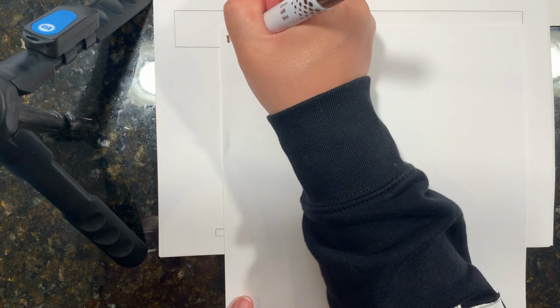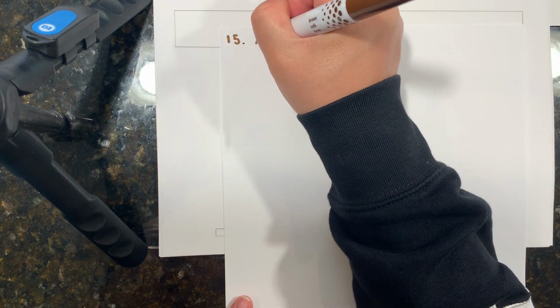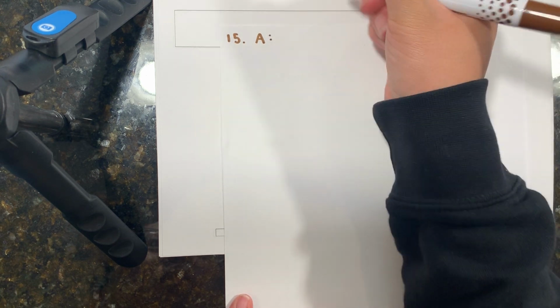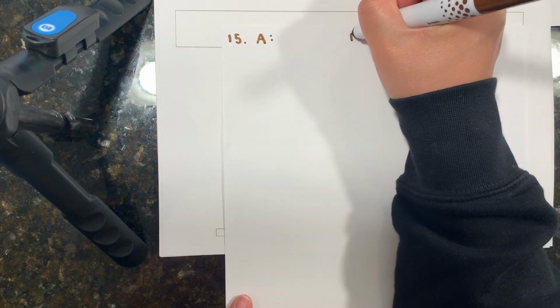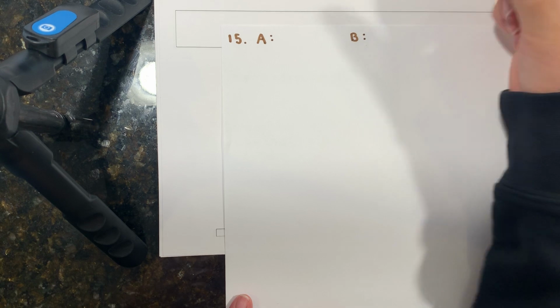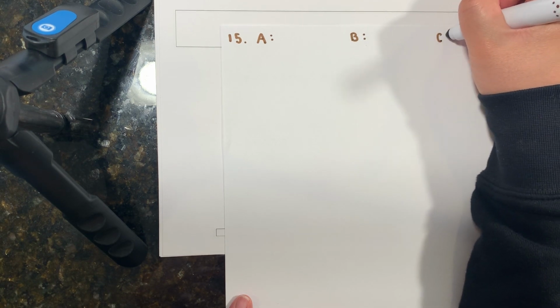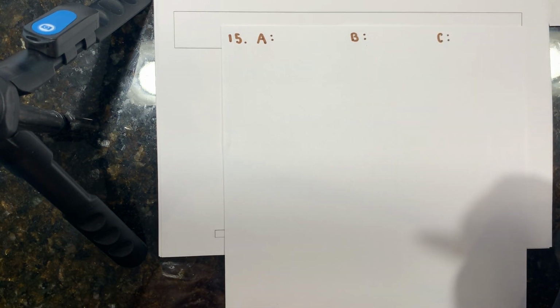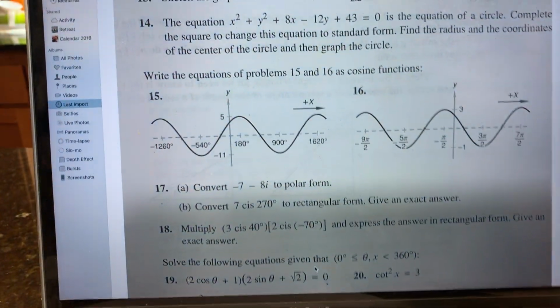So for number 15, we have to find A, which is the midpoint. Then we have to find B, which is the amplitude. And then we have to find C, which is going to be your period length, depending on if it's degrees or radians. So we're going to look at number 15. On number 15, it looks like this.